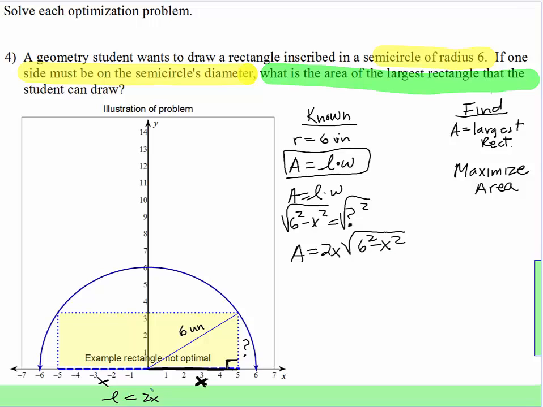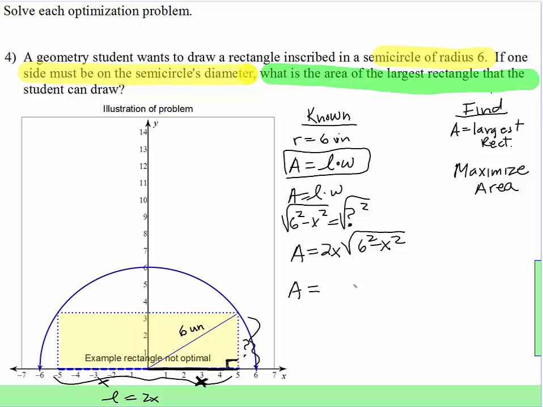So now we have this full length times this width, and when you multiply that out to get the function, take the derivative of that function, and we'll be able to set the derivative equal to 0.